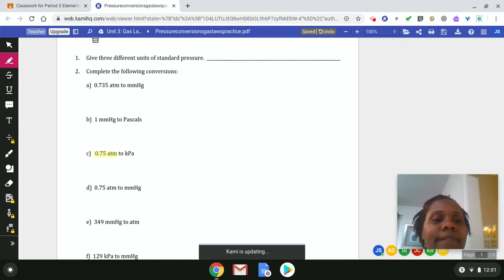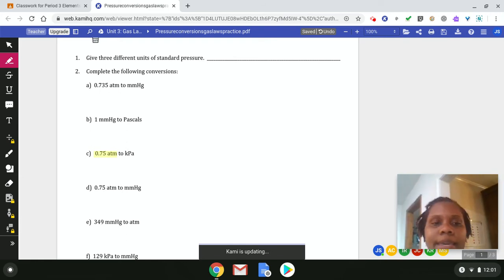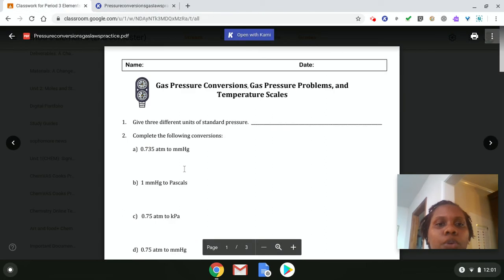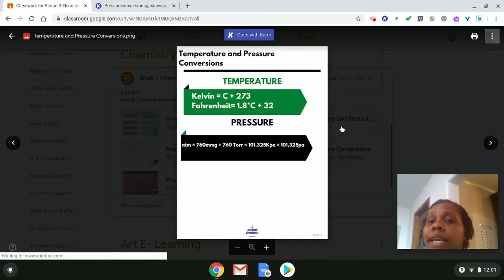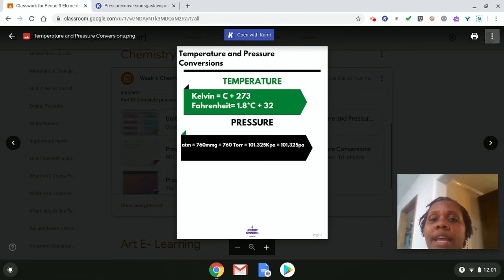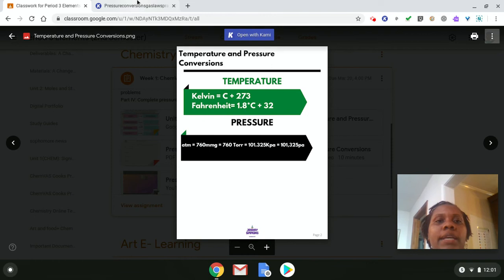That's my given, and I have to go from atmospheres to kPa. Again, go back to your pressure conversion image, and I would have that open up in another window if I were you, so you can keep looking at it.